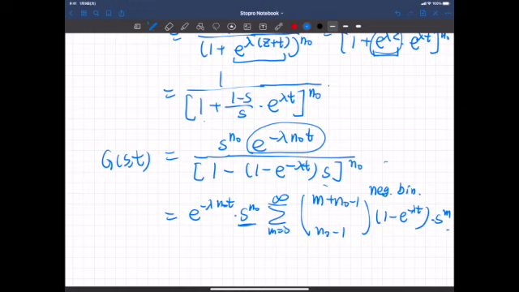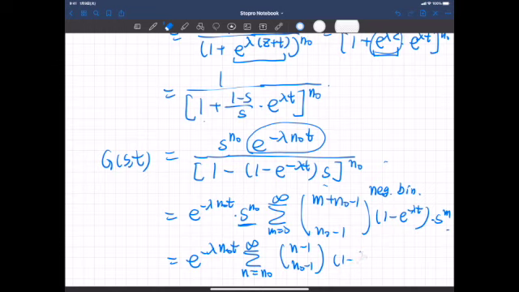So this can be the sum over n equal to n0 to infinity of (n minus 1 choose n0 minus 1) times (1 minus exponential negative lambda t) to the power of n minus n0, times s to the power of n.